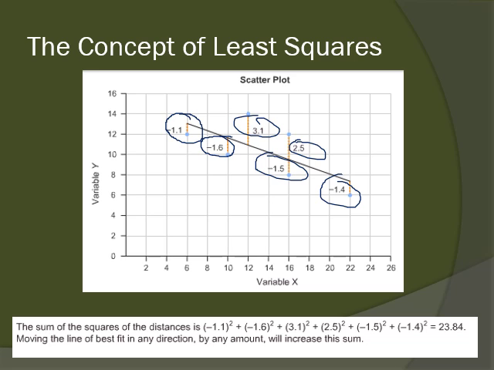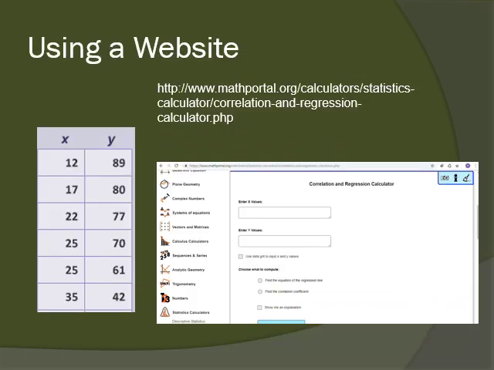Putting 4 below, which have smaller values, is counterbalanced by the 2 above, which end up being a little bit bigger values. So it's all a balancing act. If I moved that line anywhere else, the sum of all the squares would be bigger. So this particular line makes the sum of all the squares the least it could possibly be, and we consider that the line of best fit.